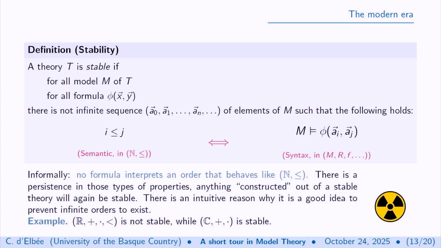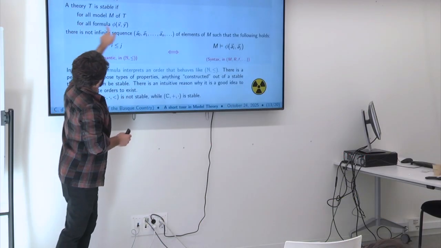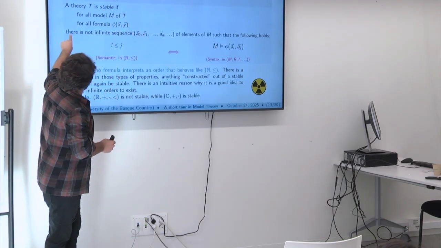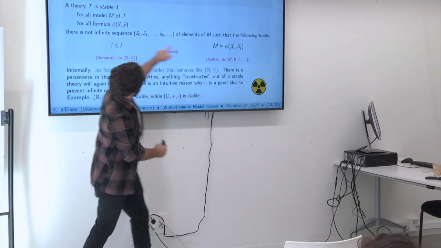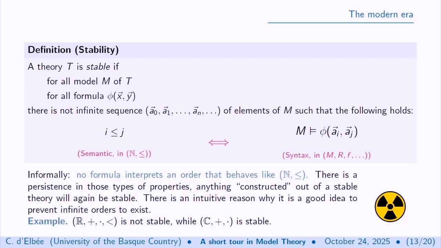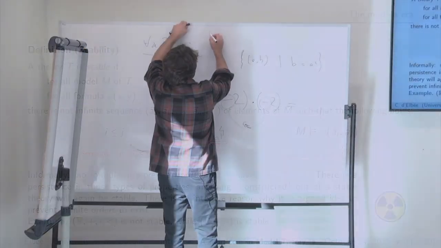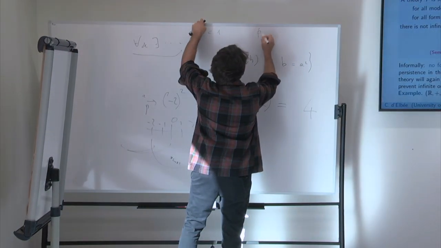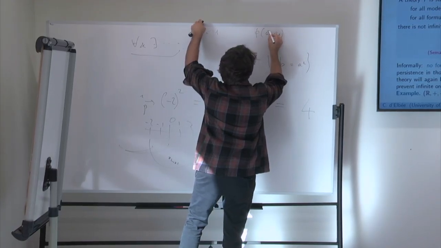A theory T is stable if for all models M of T, and for all formulas phi in the language of T, there is no infinite sequence of elements of M such that the following holds: I have enumerated, in bijection with the natural numbers, an infinite family of elements of M, and what I don't want is that i is less than j if and only if phi of a_i, a_j holds in M. For instance, 0 is less than 1, so we would have phi of a_0, a_1.